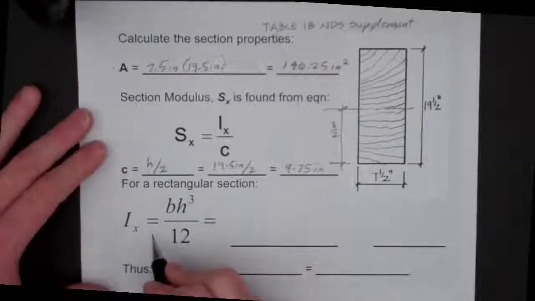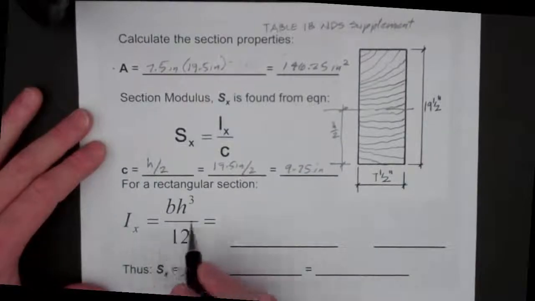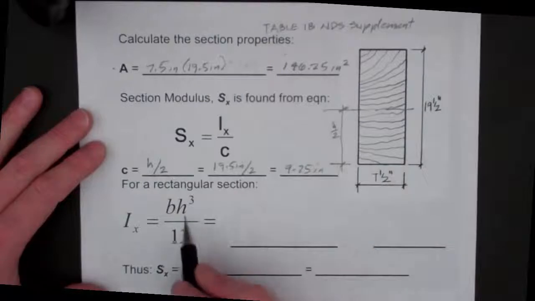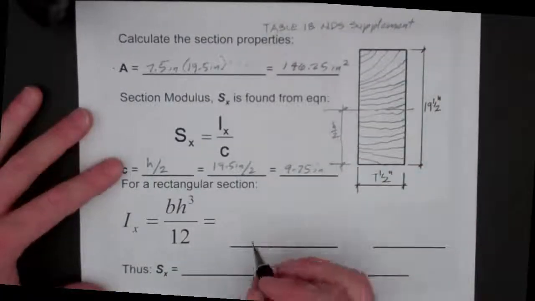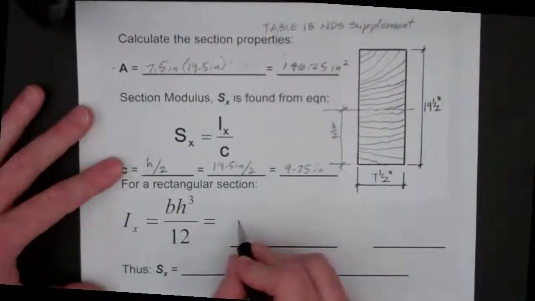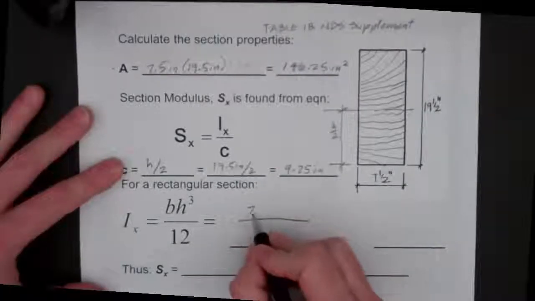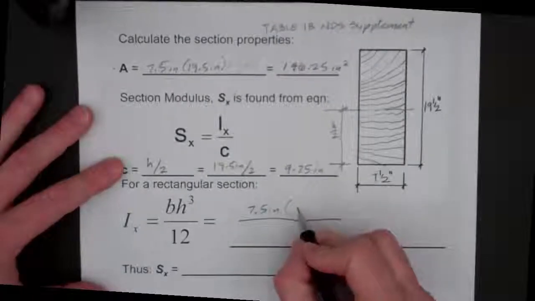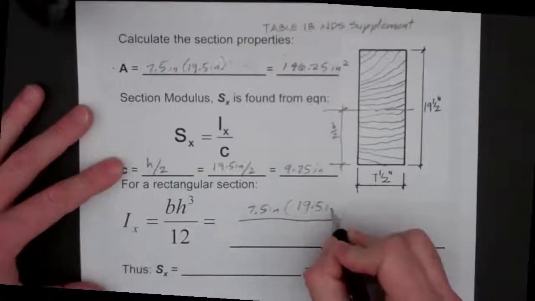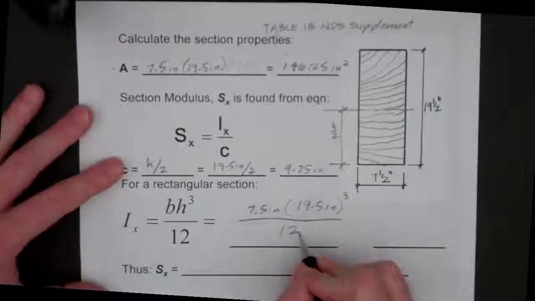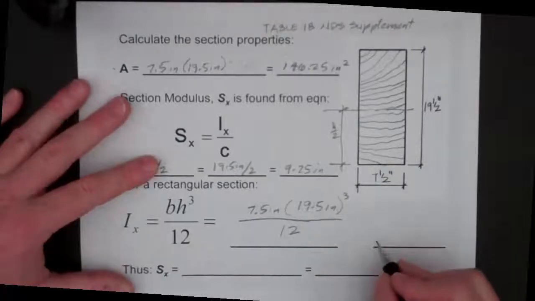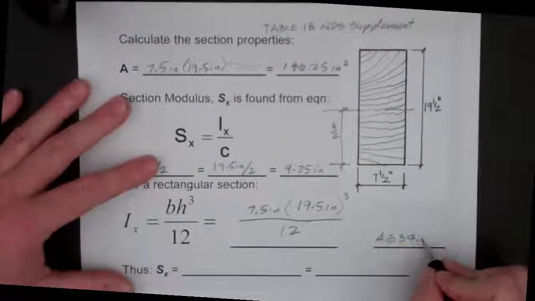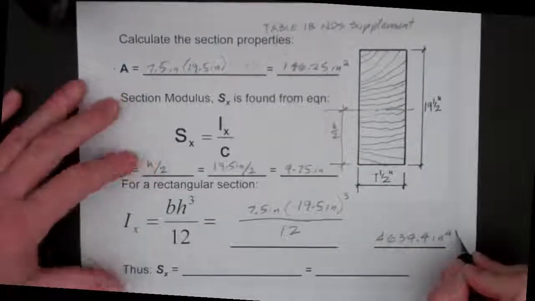Now we can move on to solve for the moment of inertia. For a rectangle, we use the equation b h cubed over 12. In this case, the base is 7.5 inches times the height cubed, 19.5 inches cubed, all divided by 12. This gives us a moment of inertia of 4,634.4 inches to the fourth.